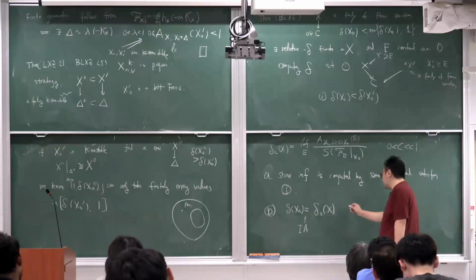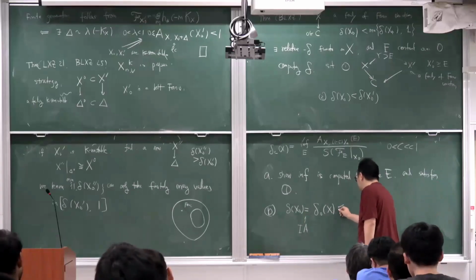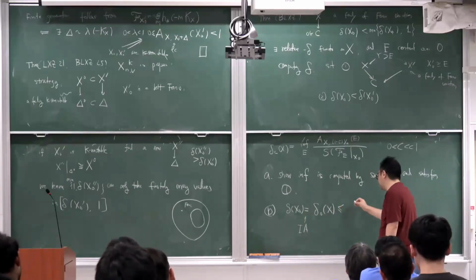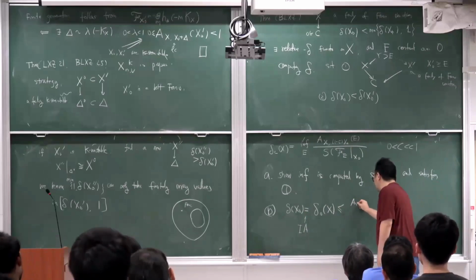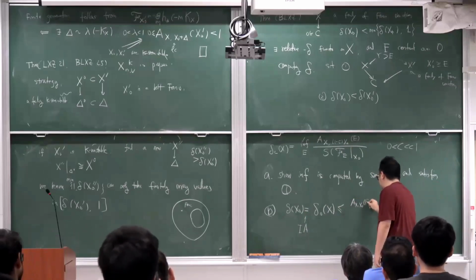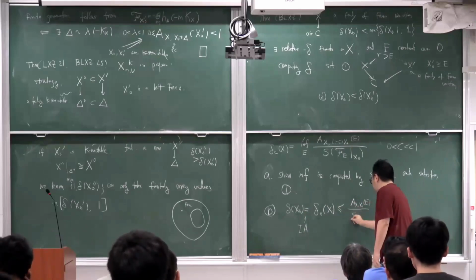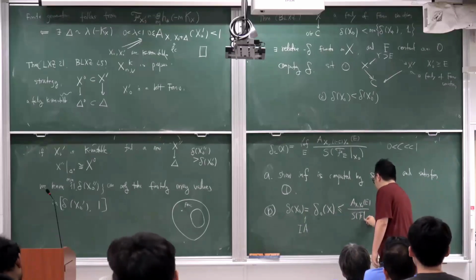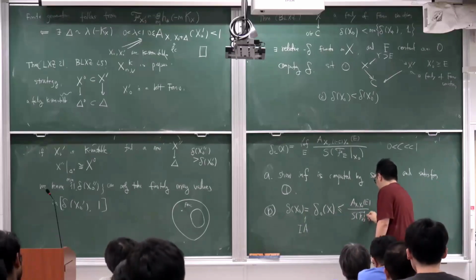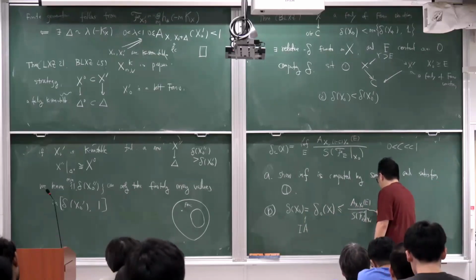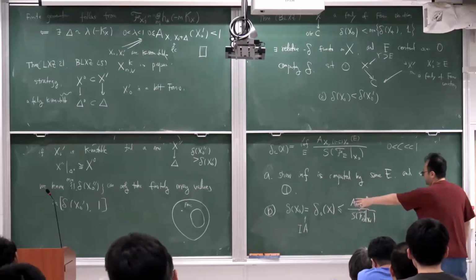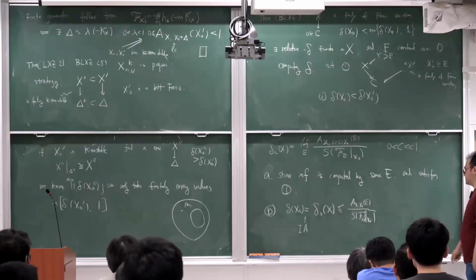And then, of course, by definition, this is less or equal to A_{X,X0}(E) defined by... Well, because this is an infimum, it is less or equal to this one.